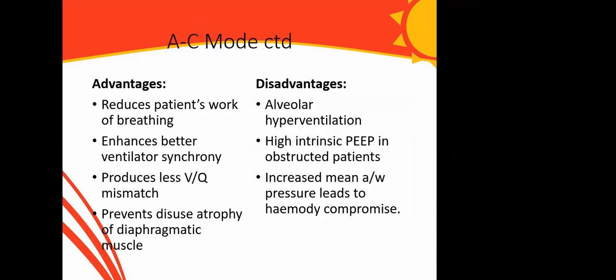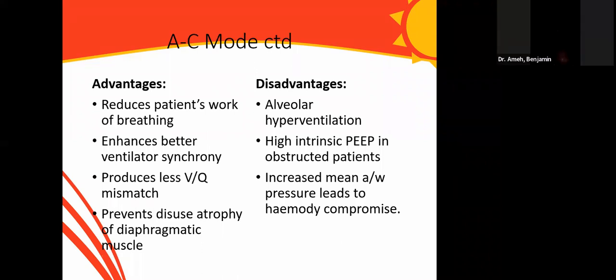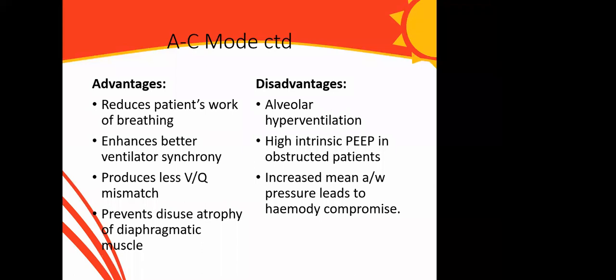Advantages is that it reduces the patient's work of breathing, because the patient initiates the breath and the ventilator takes it over from there to assist the patient. It enhances better patient-ventilator synchrony because they're working together: the ventilator's mandatory breath and the patient's inspiratory breath are working together.